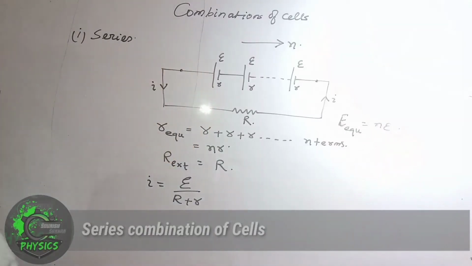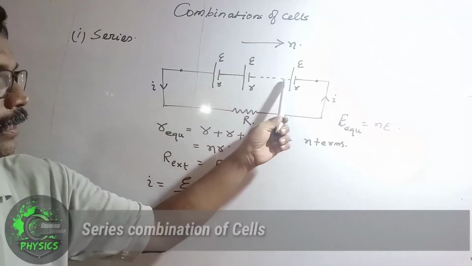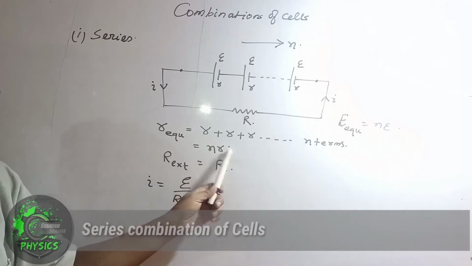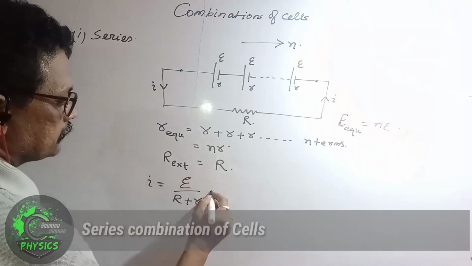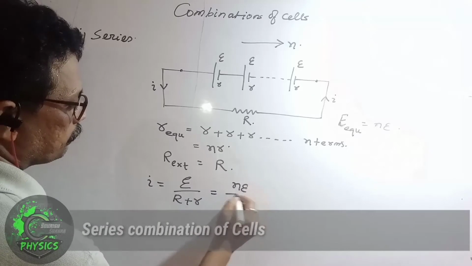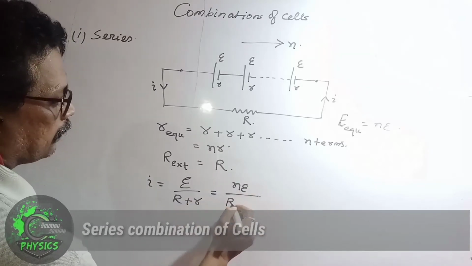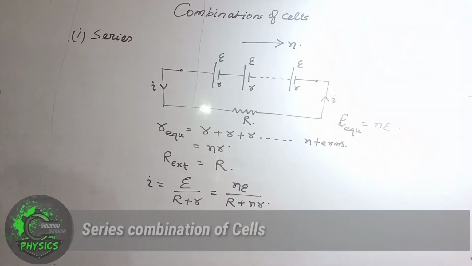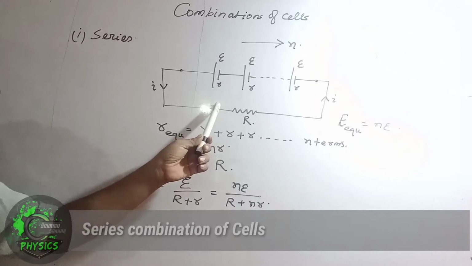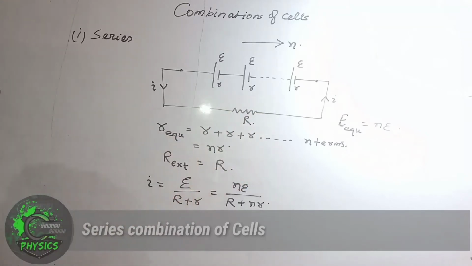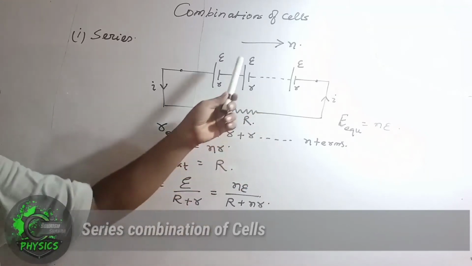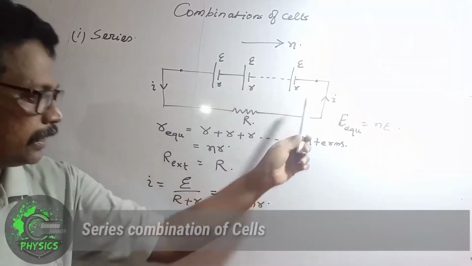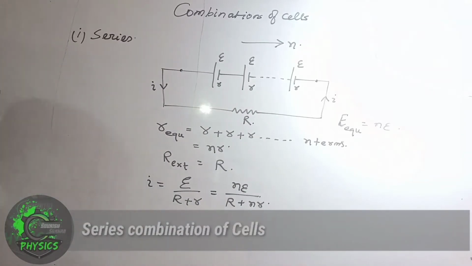When n cells each of EMF E are connected in series, then equivalent EMF is nE and equivalent internal resistance is nr. So this can be written as nE divided by capital R plus n into small r. This is the equation of current flowing through the external resistance R when n cells, each of EMF E and internal resistance small r, are connected in series.